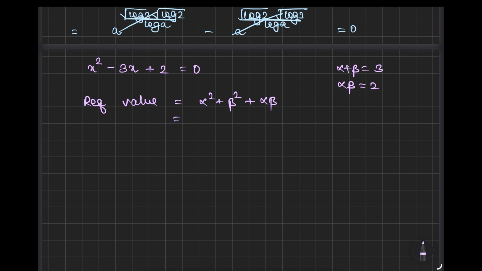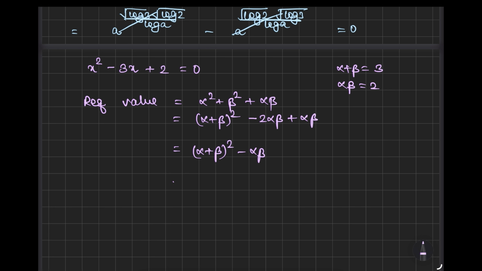So I'll convert everything in terms of alpha plus beta and alpha beta. So can I write alpha plus beta whole square? So here if you do this, you will have an extra plus 2 alpha beta. So you have to minus 2 alpha beta plus alpha beta. So we will be left with alpha plus beta whole square minus alpha beta, correct?